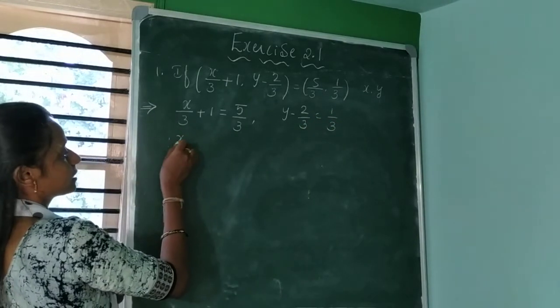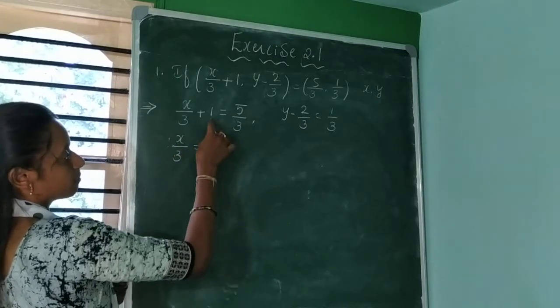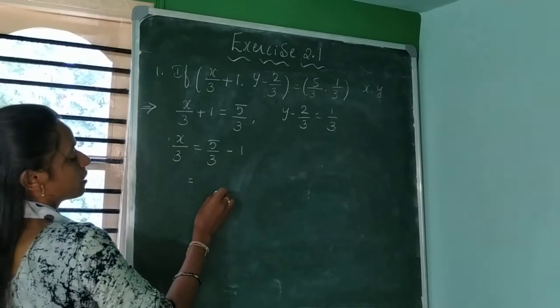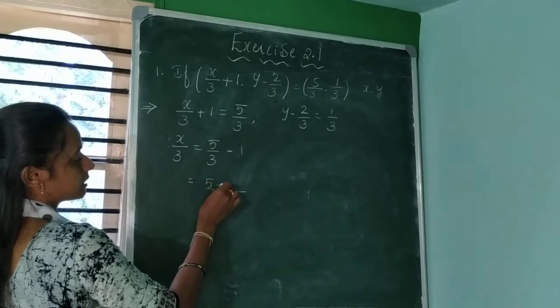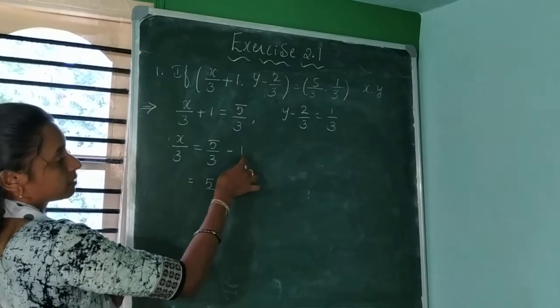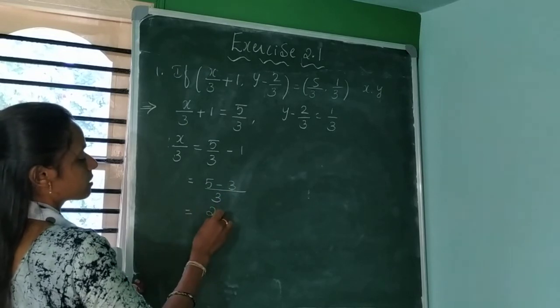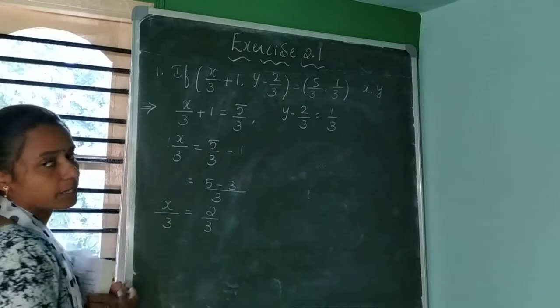Now I'll keep x/3, and this is 5/3. I take the plus 1 to this side, it will be minus 1. Now if I take 3 as the LCM, the numerator is as it is. For this one you need to cross multiply. 1 into 3 is 3. So the remaining is 2/3. And this side we have x/3.